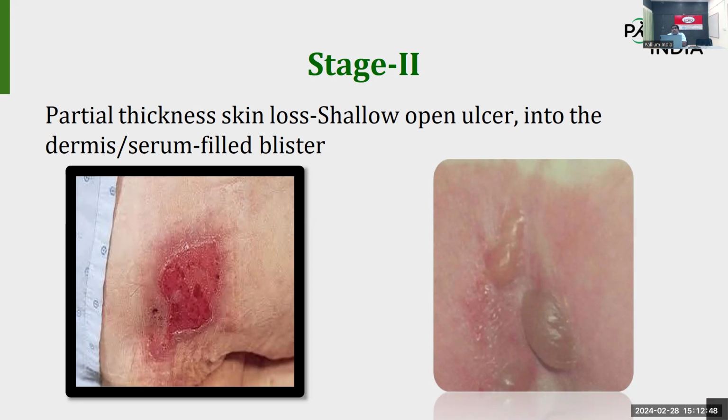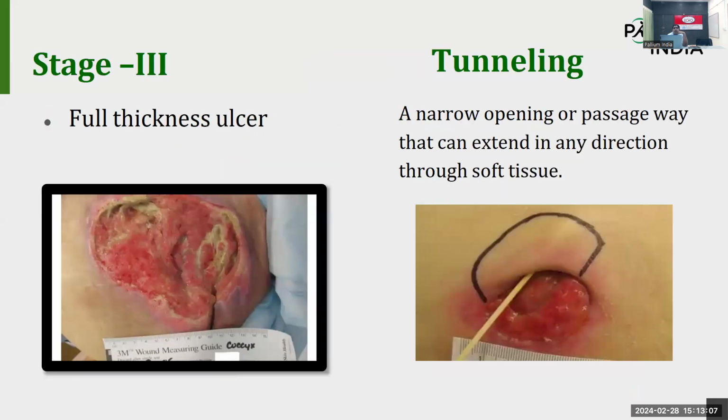This is the second stage of pressure ulcer. First stage is non-blanchable erythema. Second stage is a serum filled blister or shallow open ulcer into the dermis, otherwise called partial thickness skin loss.